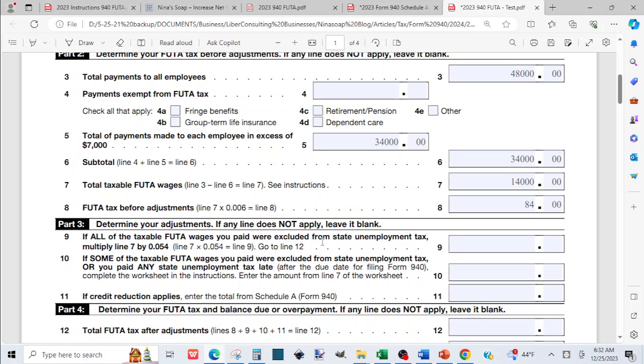So even if the state unemployment tax return is due later than January 31st, you have to make sure you made the state unemployment tax deposit by the date this IRS Form 940 is due. That is when you know that you'll be eligible for the maximum 5.4% credit.